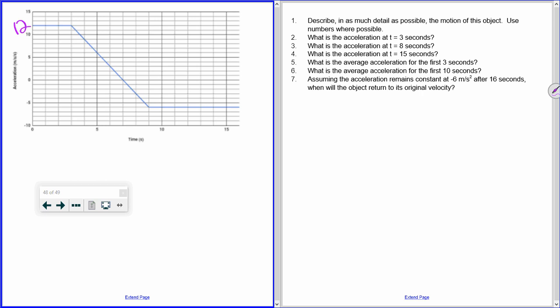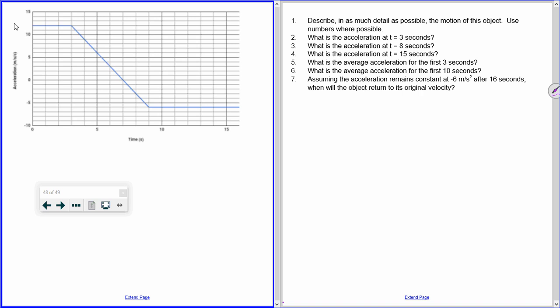So we can't say a whole lot here about the motion. All I can say is that the velocity is increasing, and then the velocity keeps increasing, but at a slower rate. Now my acceleration is constant for a fraction of a second, instantaneously constant, and then the velocity decreases and then keeps decreasing, right?